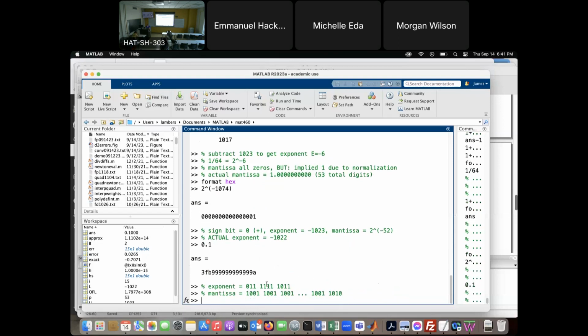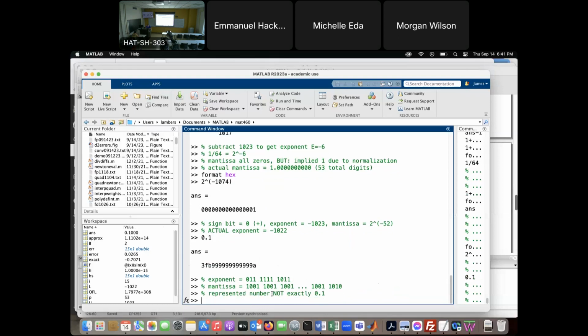So if I were to work out what this number is, I wouldn't have time to do that now. The represented number is not exactly 0.1. It is not possible to write 0.1, or 1/10, exactly using a finite number of fractions whose denominators are powers of 2.